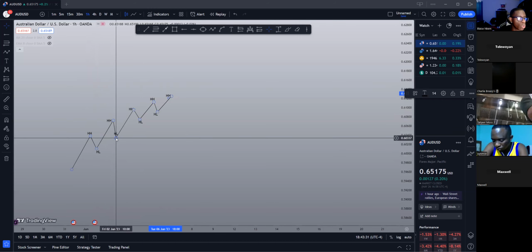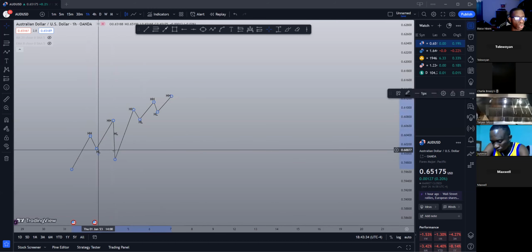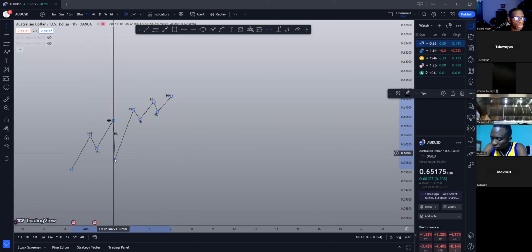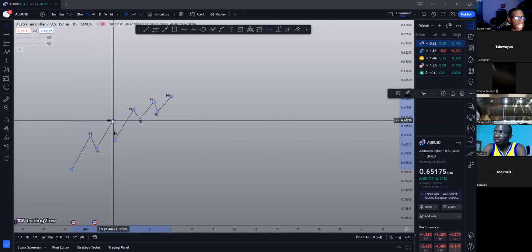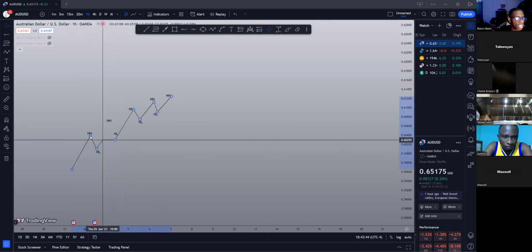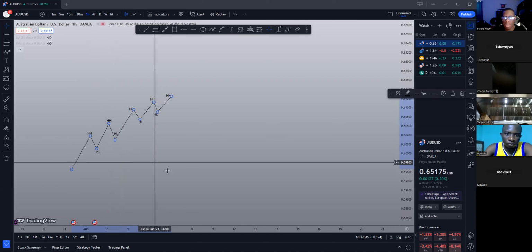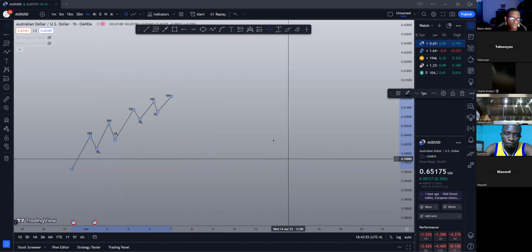If this low is lower than this previous low, it is not considered a higher low. And if this high is lower than this previous high, it is not considered a higher high. Does that make sense? If it makes sense now, please let me know.